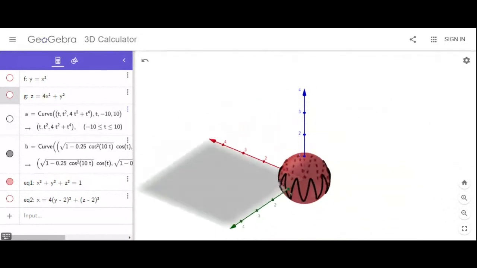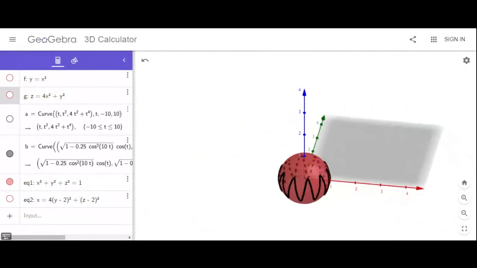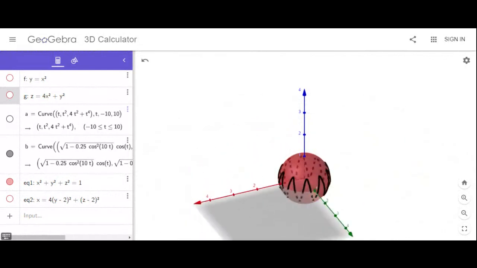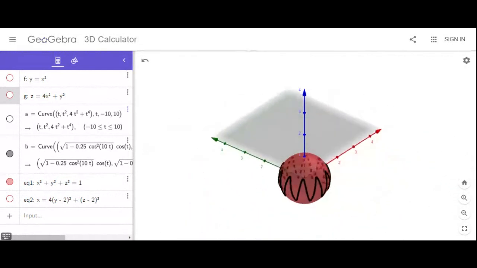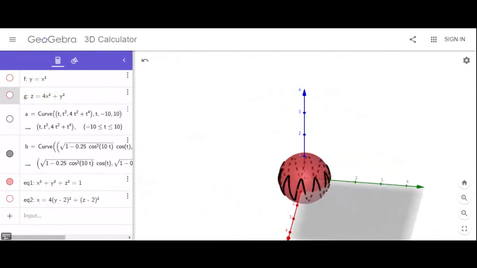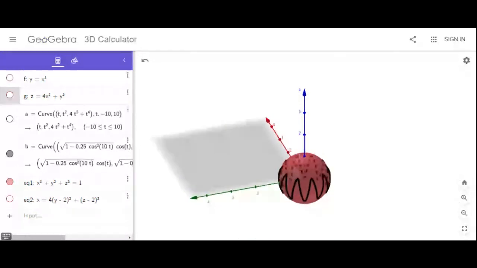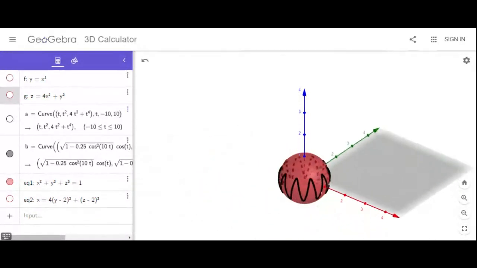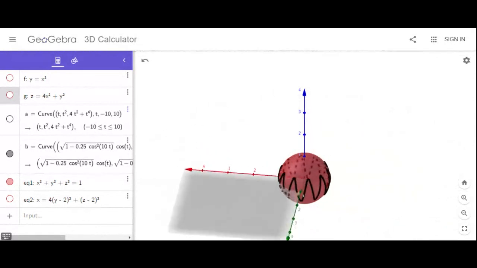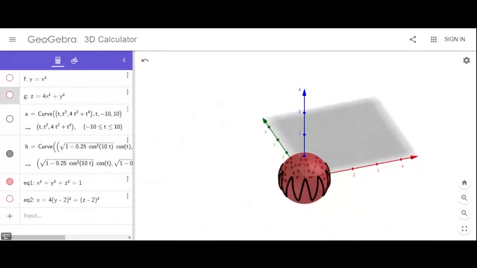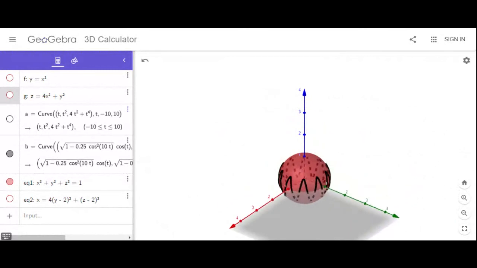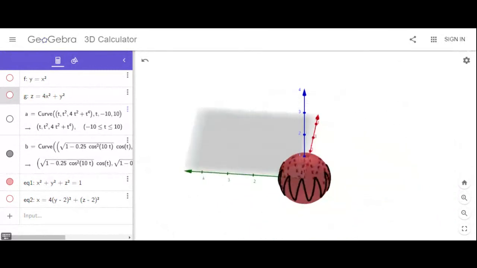That was x equals the square root of 1 minus 0.25 cosine squared 10t times cosine t. Just it's a tomato. Yeah, that's right. So this parametric curve lies on the surface of the unit sphere.